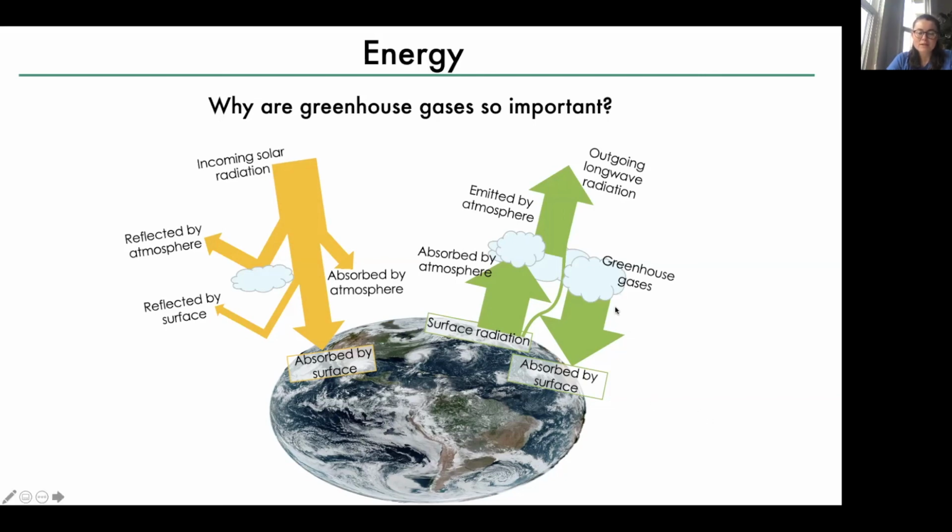And so the fact that this component of this energy balance, this absorbed and re-emitted terrestrial radiation, is such a large piece of the energy balance means that greenhouse gases are really important for our climate.